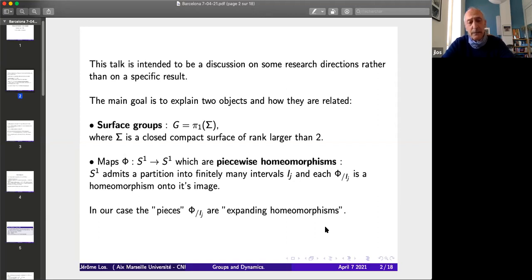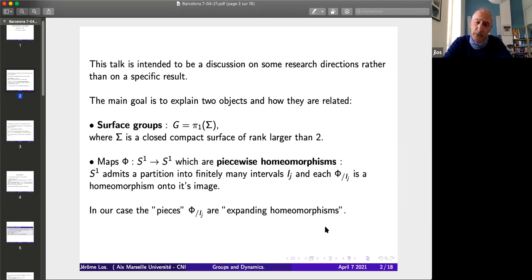And we've seen maps like that in yesterday's talks by Adrien Boulanger, who gave, in fact, 2 examples. The first one was the interval exchange maps, where you have intervals and the map restricted to each interval is an isometry for some metric, and you just exchange the intervals.